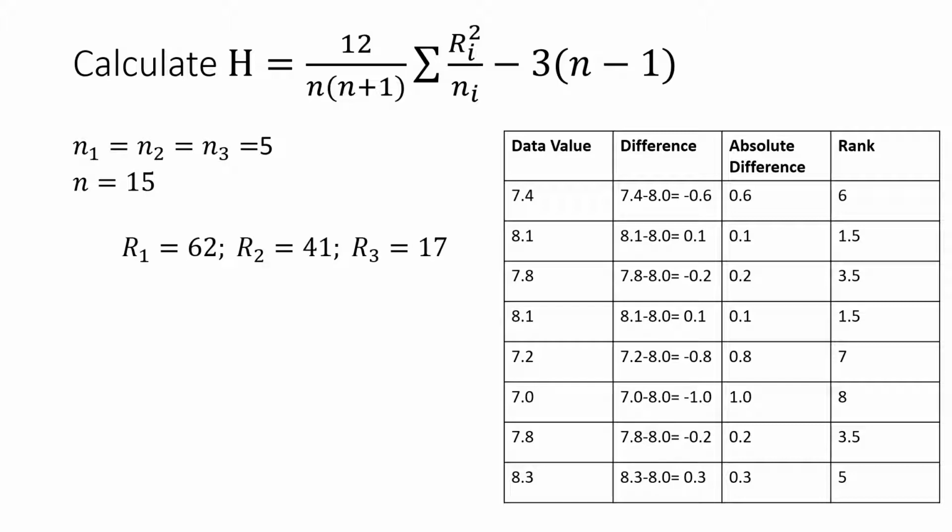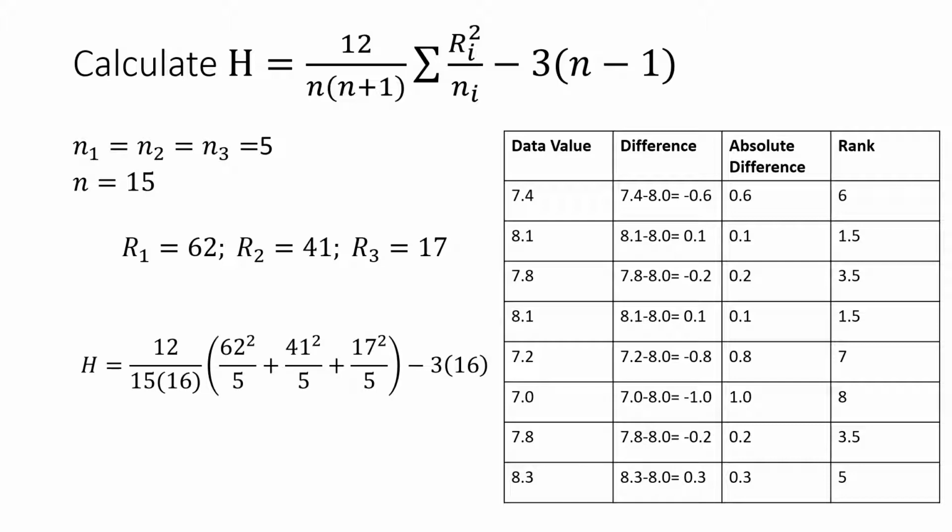We saw on the last slide the sum of our ranks for each of the commercials, shown here. And so now if I substitute these values into my equation, I can find my H test statistic, and it turns out that it's equal to 10.14.